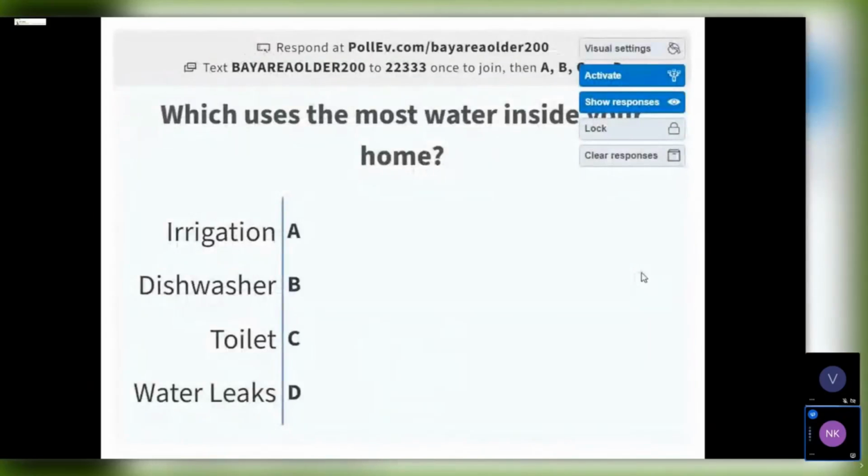Now, let's see what you have learned from me so far. What uses the most water inside your home?